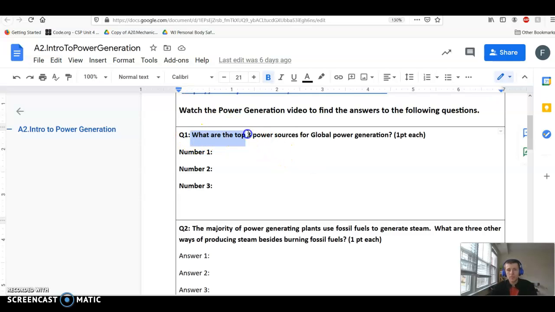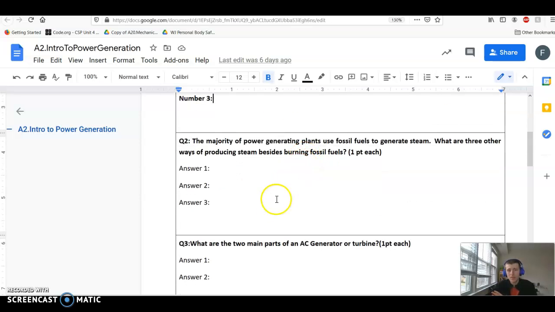The top 3 power sources in global power generation are your fossil fuels: coal, natural gas, and oil. Without burning those, we would have very little electricity at the moment. The majority of power plants use fossil fuels.